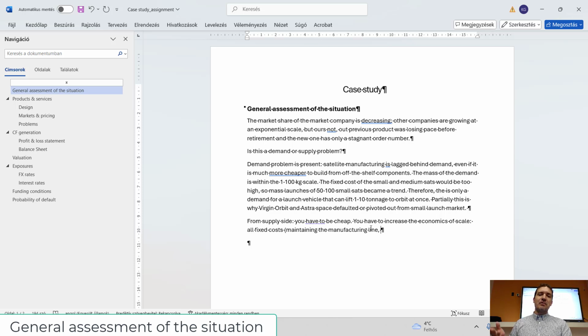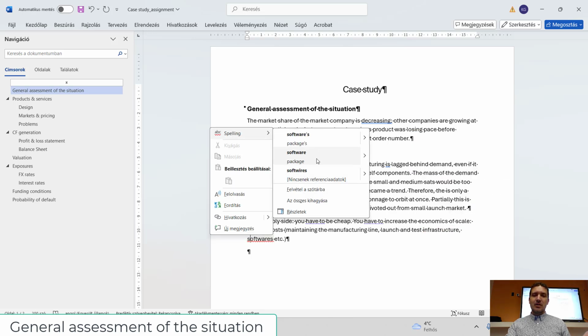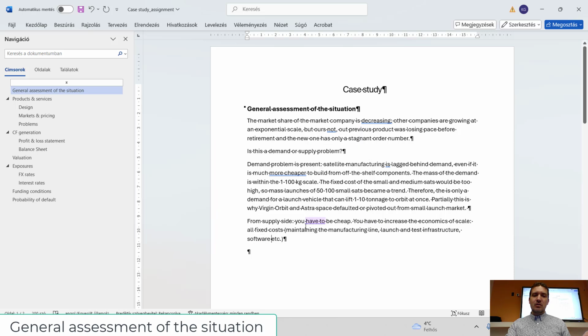Maintaining the manufacturing line, obviously launch infrastructure, launch and test, software and so on. What you need already when you don't have to do anything. Software. It will still be there.